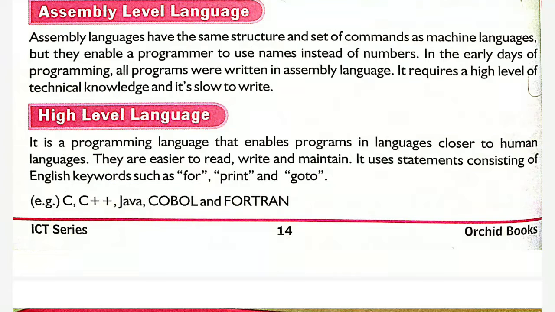Okay, so high level language means you can see that it is entirely for human beings. It uses most of the English keywords to make it more understandable to humans, but it is not that much understandable to computers. Okay, so that's why it is known as high level language.